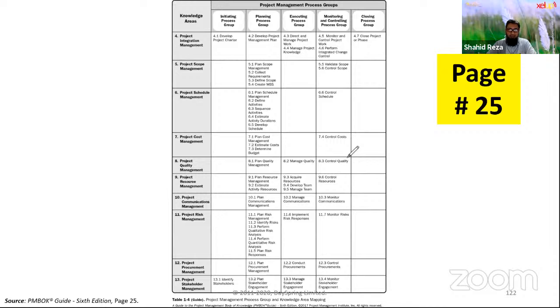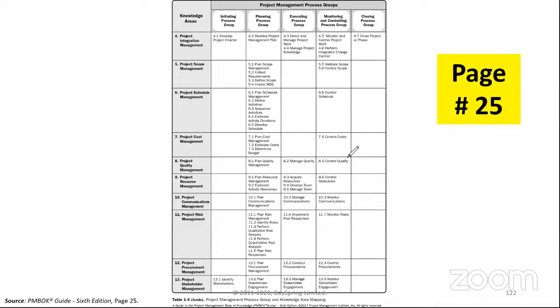So anything left here? Shahid bhai. Question, yes, please. If we see the planning process group, we have 24 processes. Except one, under 4.2 develop project management plan, the output is the project management plan.